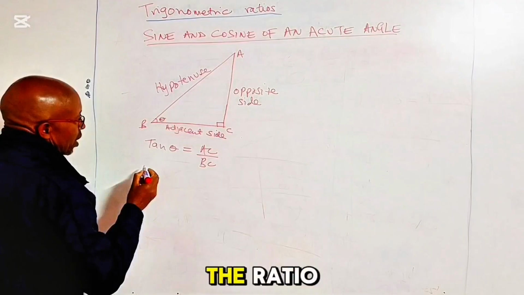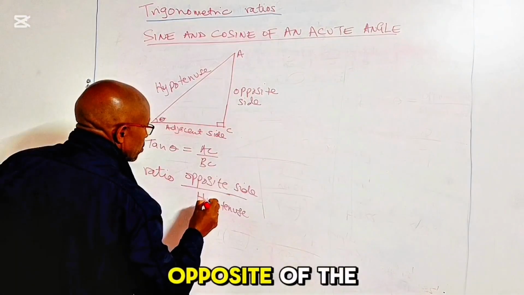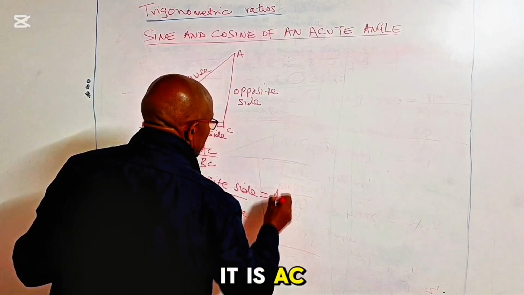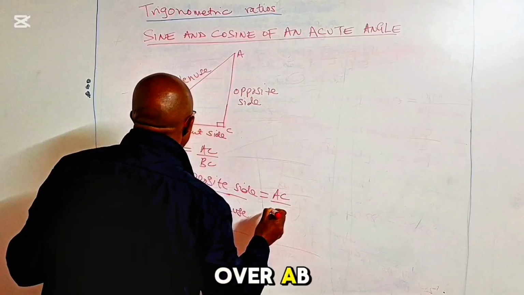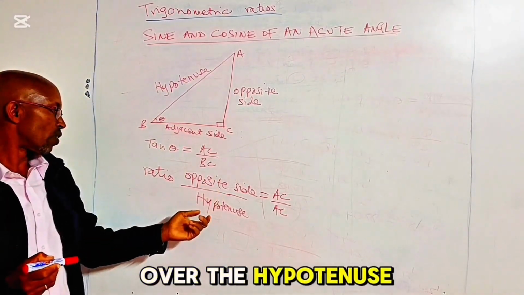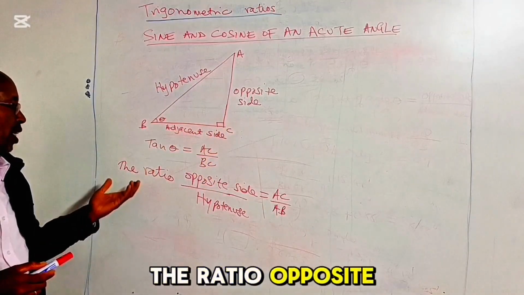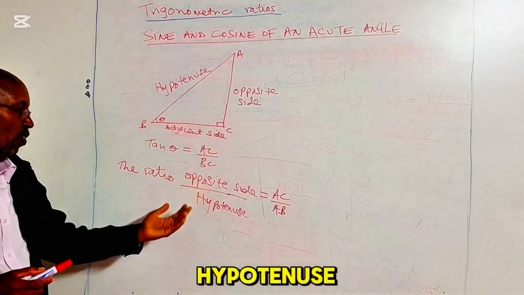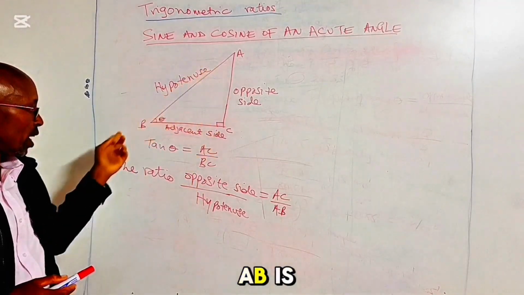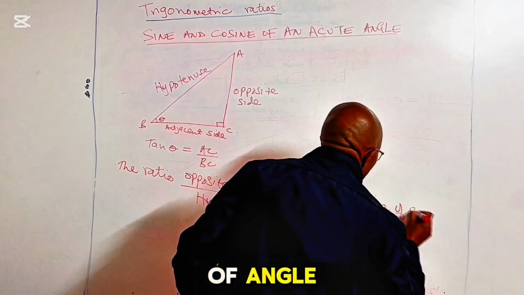Now the ratio opposite side over the hypotenuse, in our case AC over AB, is called the sine of angle theta.